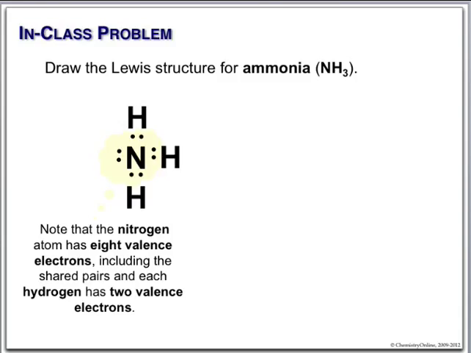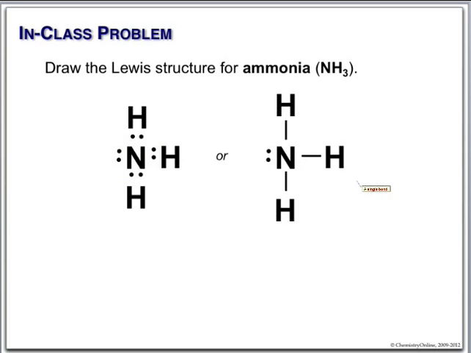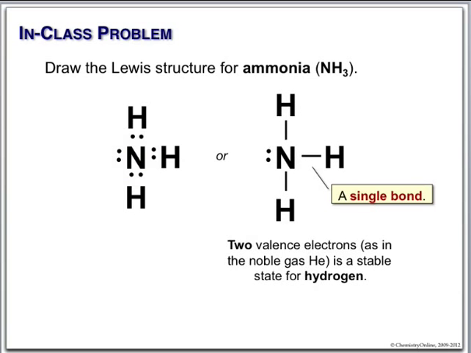So this looks like helium, if you will, and this looks like neon. If we want to get rid of these, we would change this to this structure. Again, when you see a line, we call that a single bond. And you're supposed to understand that this means we have 2 electrons shared between the nitrogen and the hydrogen. And that's how you make a molecule.